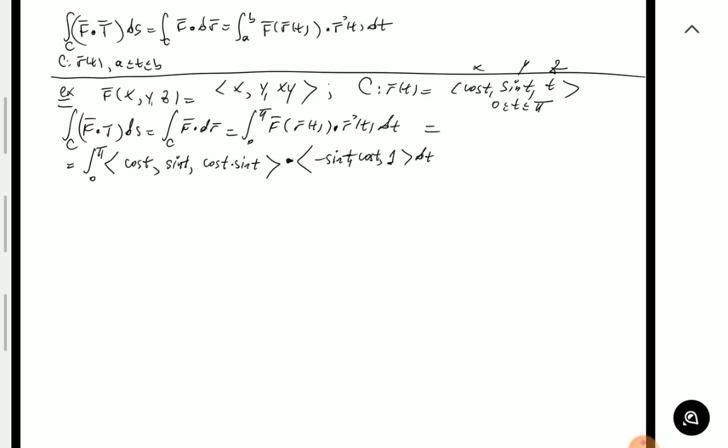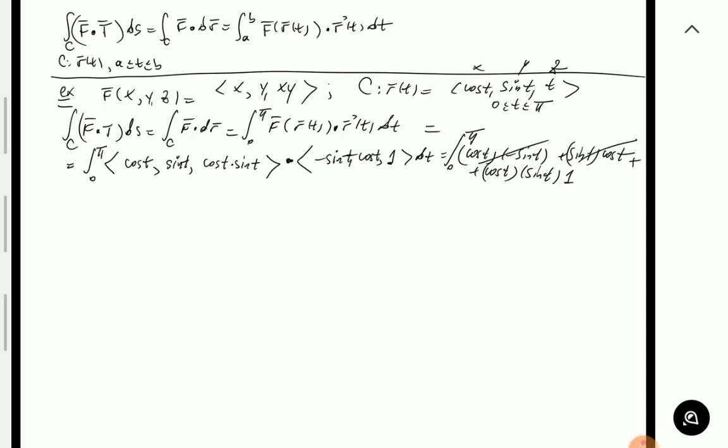Now do the dot product and simplify. So cosine of t times minus sine of t, plus sine of t times cosine of t, and then finally plus cosine of t sine of t times 1.